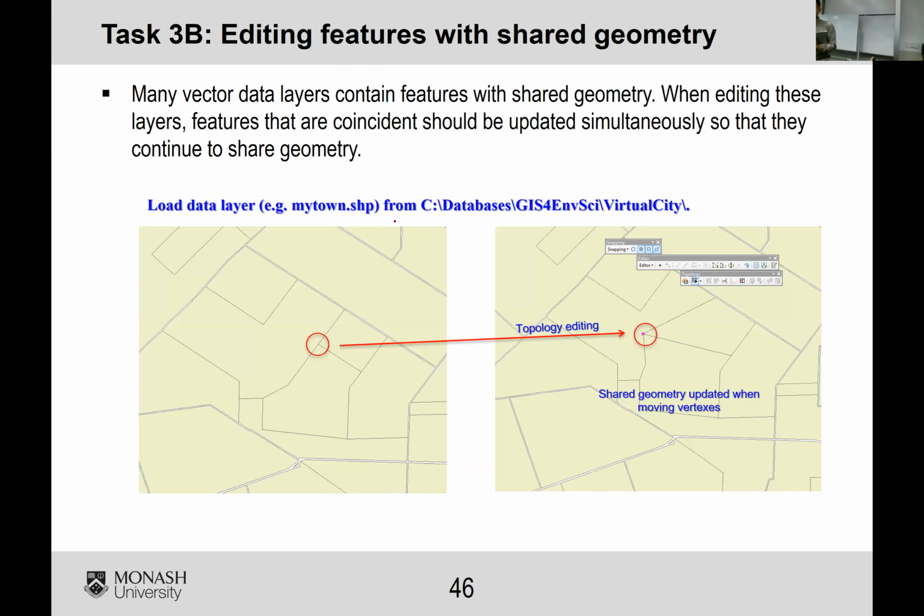So we will have a town map, and by building the topology of the map, you'll be able to move a shared geometry, for example, a vertex, and see how the parcel edges are moved together with the vertex.